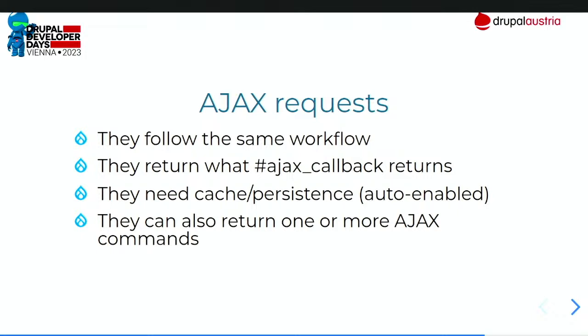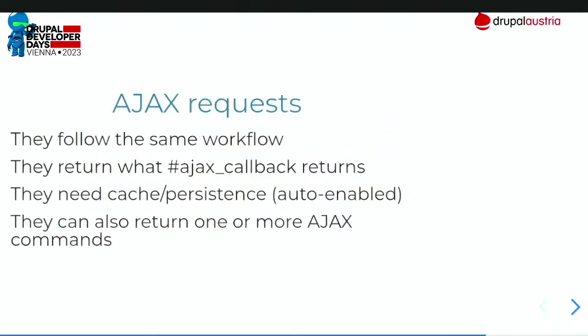And they can also return one or more AJAX commands, which, if you don't know them, are very useful when dealing with AJAX. Basically, there are some prepared commands that you can send to the browser to remove some elements or add elements or do different things. So they're very interesting when you deal with AJAX.